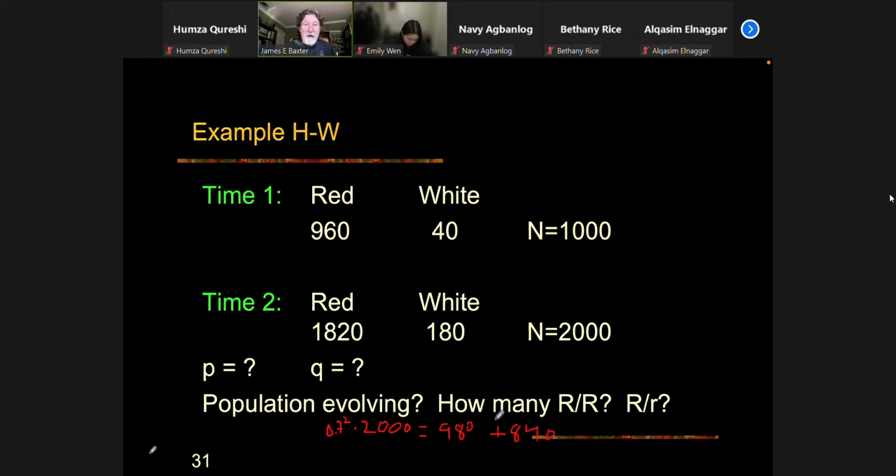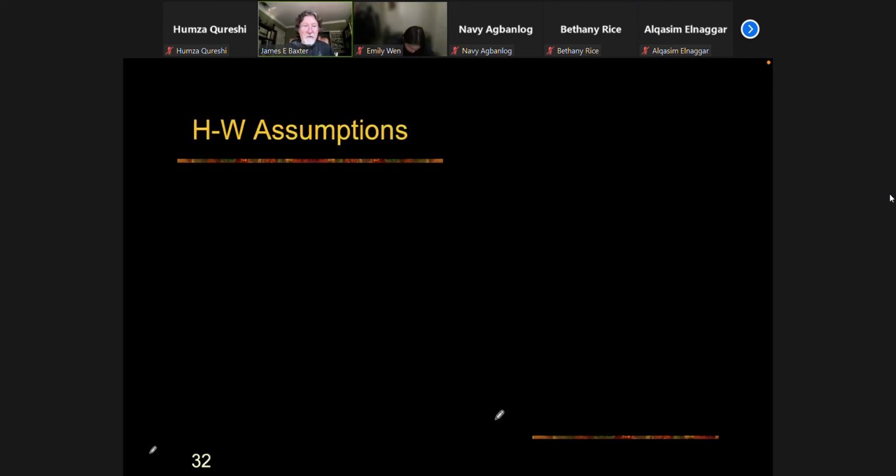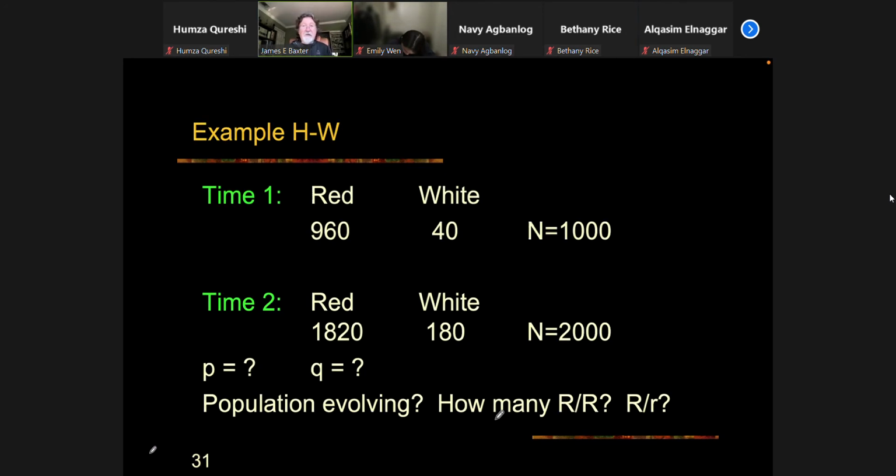Now we could also, and I don't have an example here, I'll come back a little bit later with another example, we can also tell whether something else is going on in the population if we have only one time span.